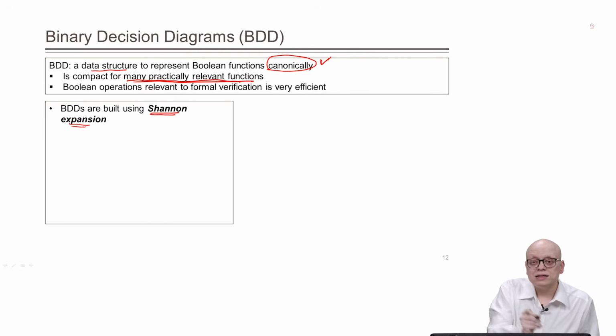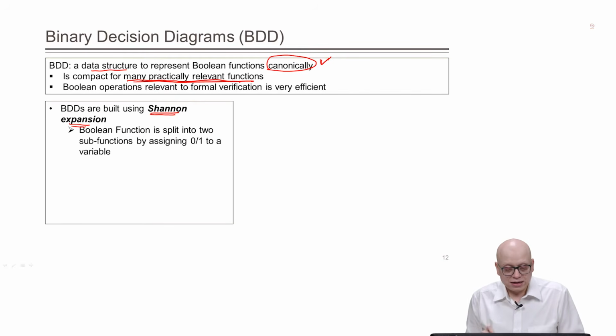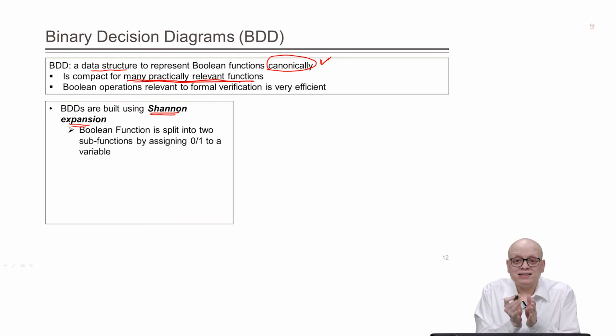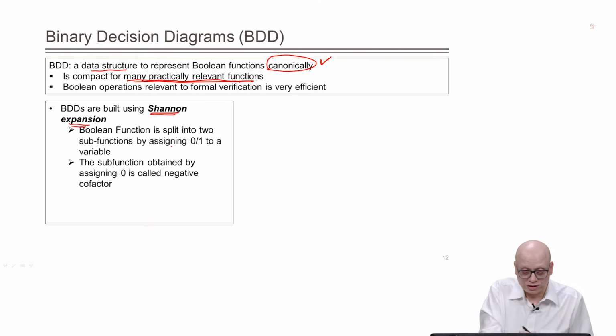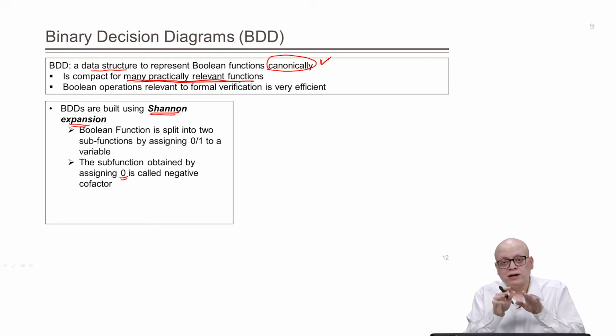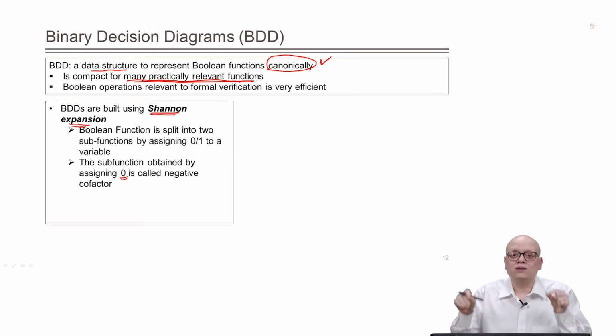And what is Shannon expansion? Shannon expansion basically splits a given Boolean function into two subfunctions, created by assigning a value to a given Boolean variable, first 0 and then 1.